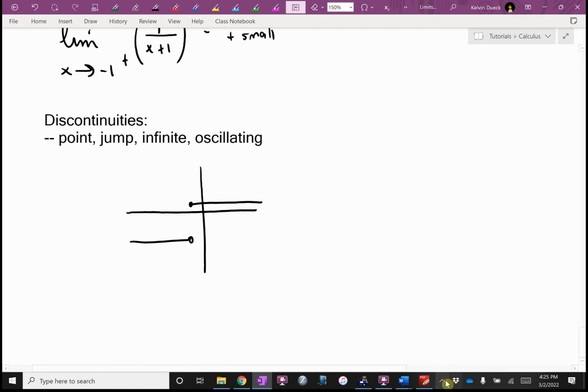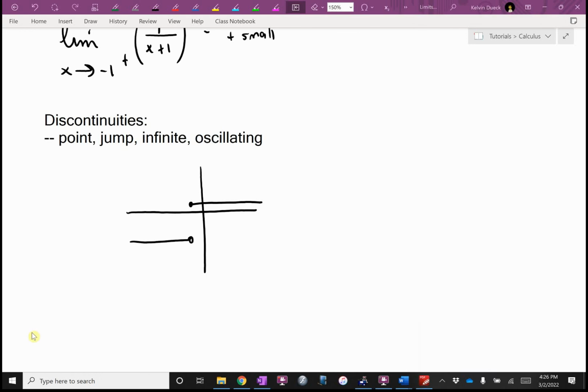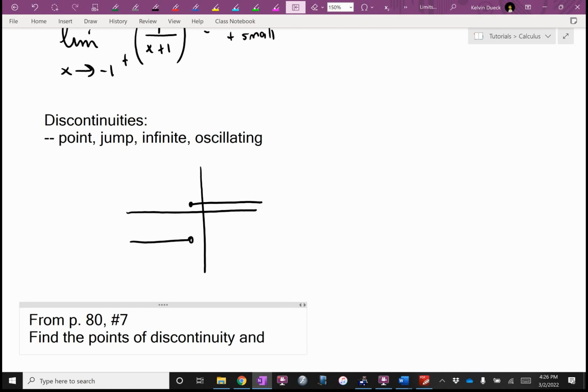Question was y equals... Where's it from? Hang on, let me pause. Here's hoping I can do this. I didn't actually look at the question. From page 80, number 7. So the instructions say, find the points of discontinuity and identify the type.